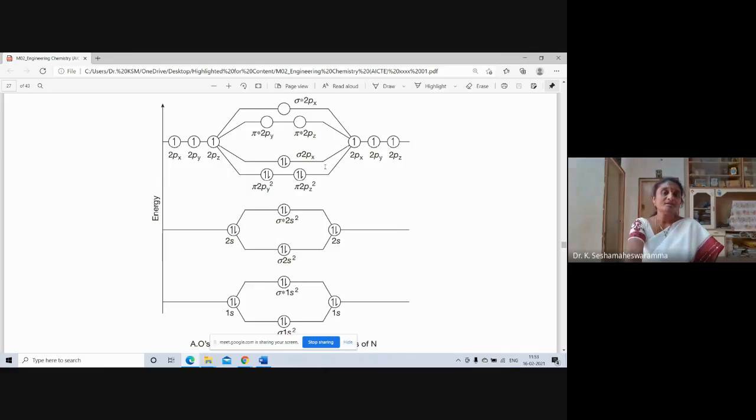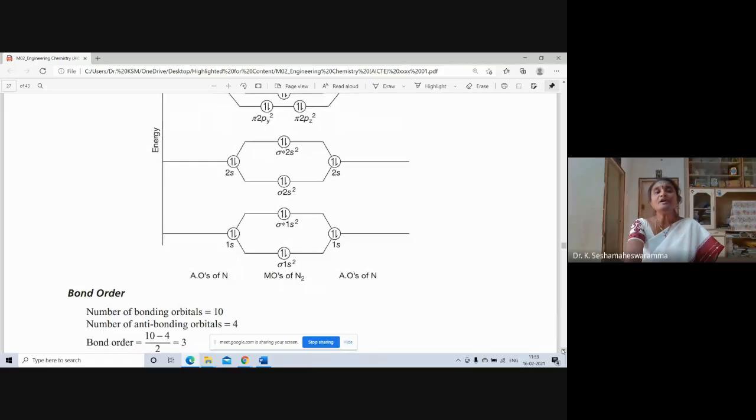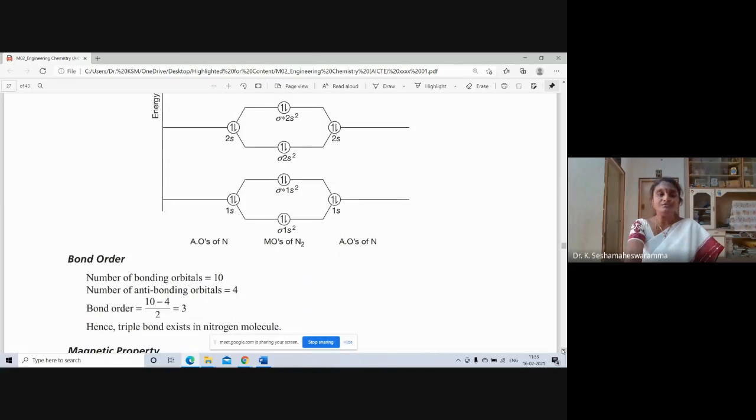While calculating the bond order, bond order is equal to the number of bonding electrons minus the number of anti-bonding electrons, divided by 2.